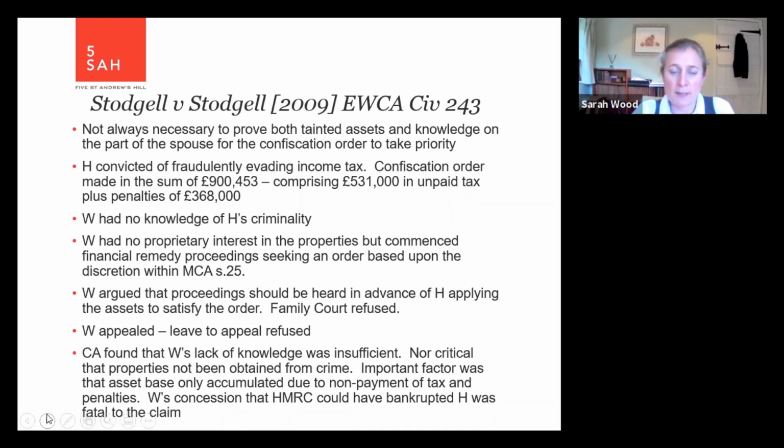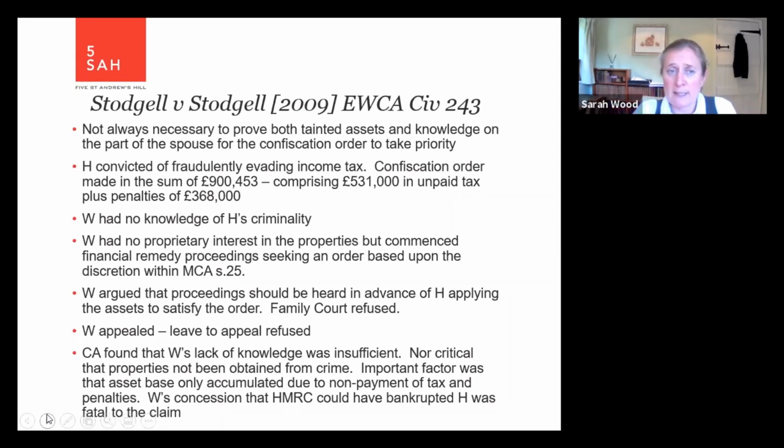And notably, the court found that it was the wife's concession that HMRC could have bankrupted the husband that was fatal to the claim, because if HMRC had pursued bankruptcy proceedings at any stage before the point at which the wife made the application for financial remedies, then that bankruptcy would effectively have trumped the financial remedies proceedings, and therefore there would have been nothing left in the pot for distribution.